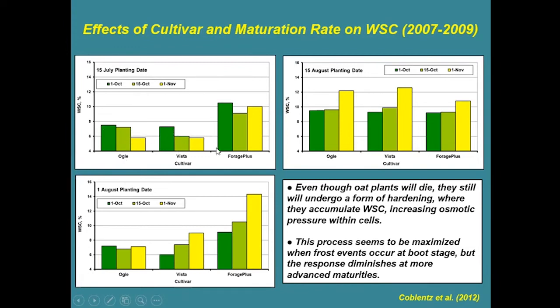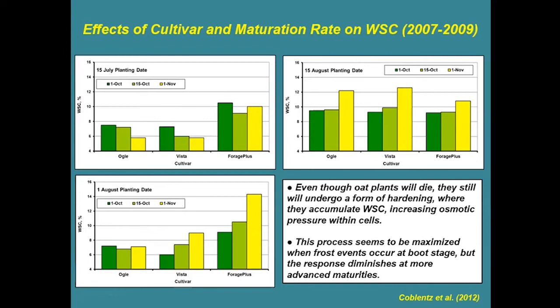The same thing occurs for the slower maturing grain type. But for the forage type, you start to see a little bit of a difference here, particularly for this 1st of November harvest date.